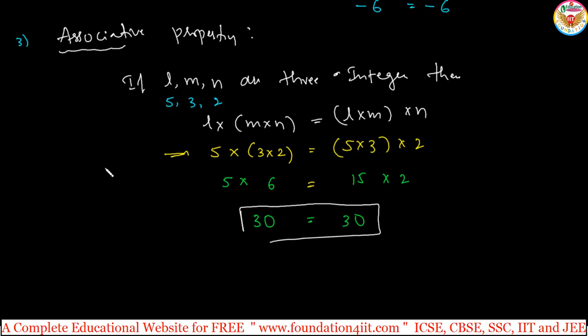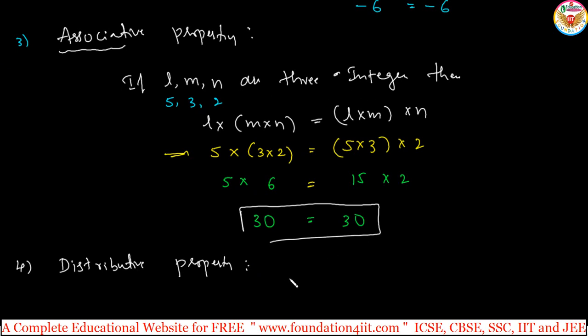And one more is the distributive property. Associativity also exists for integers. When you come to the distributive property, or distributivity, let's take L, M, N as three integers.